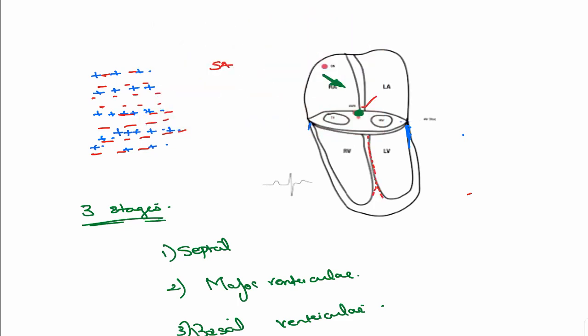You know that there are bundle branches, Purkinje fibers and all here. It spreads into the major ventricle and it goes up. On the other side also, it goes up. So the vector will also be going similarly.